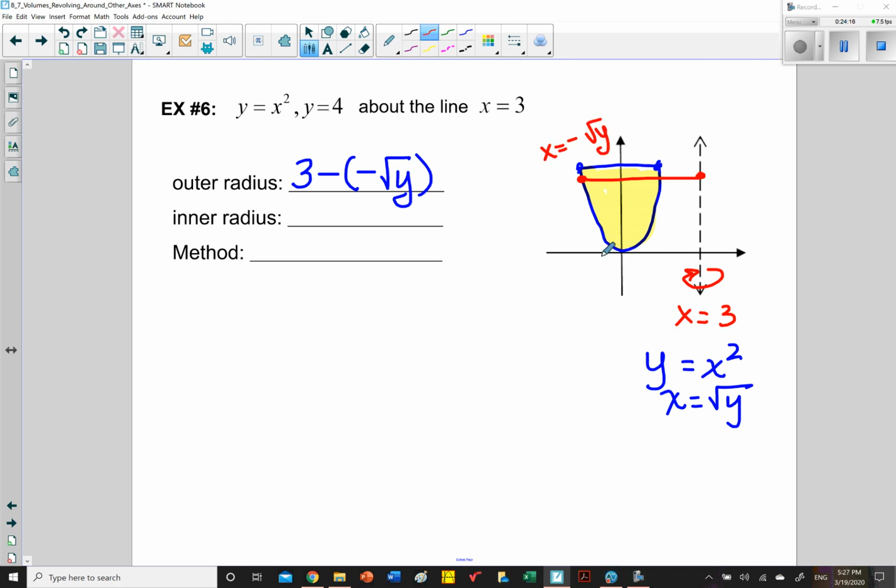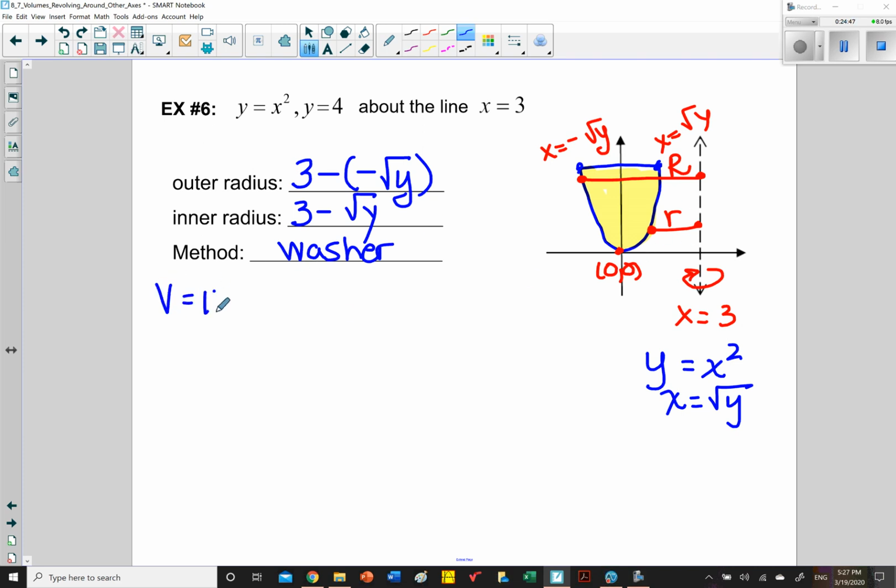And this piece of the graph from 0 is positive square root of y. That's going to be the inner radius. This is the outer radius. This is the inner radius. So our inner radius is 3 minus the square root of y. It's a washer. We're getting rid of all of this white space in here.